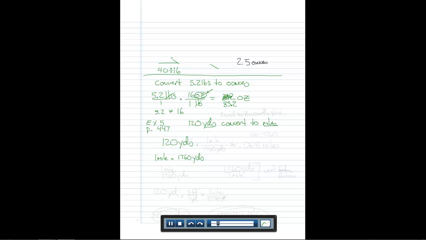These are harder than they sound. So you put that 1,760 on the bottom. Here are your two choices. These are the possible unit fractions that you could use.